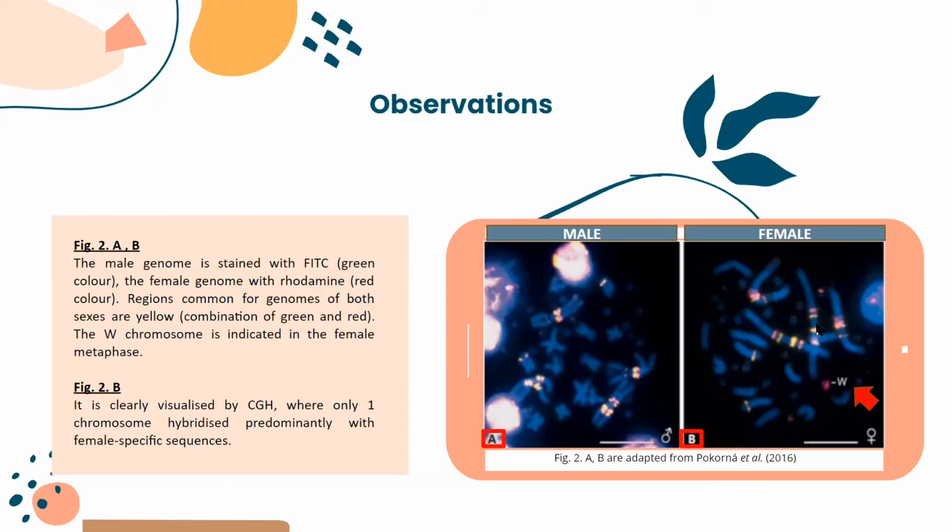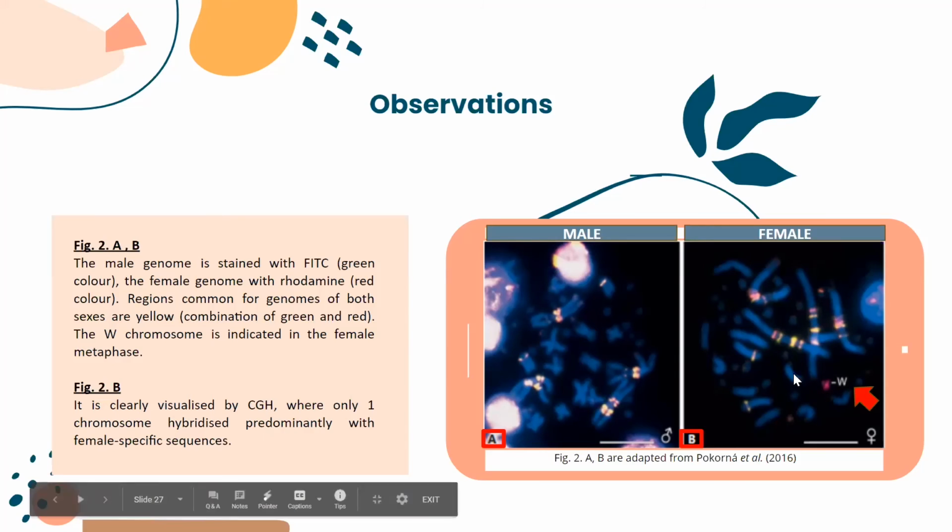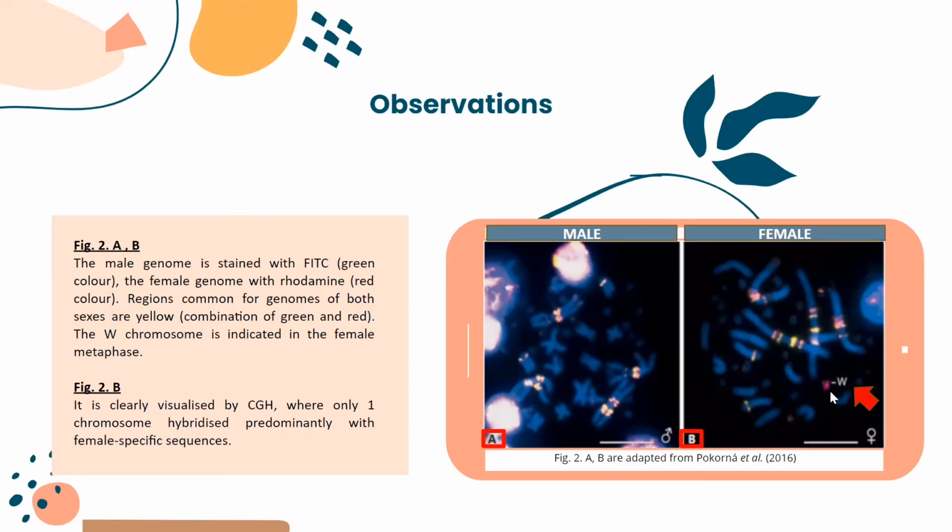As we can see from the CGH image, the W chromosome is expressed only in the female image. So it is clearly visualized by CGH where only one chromosome hybridized predominantly with female specific sequences in figure 2B.